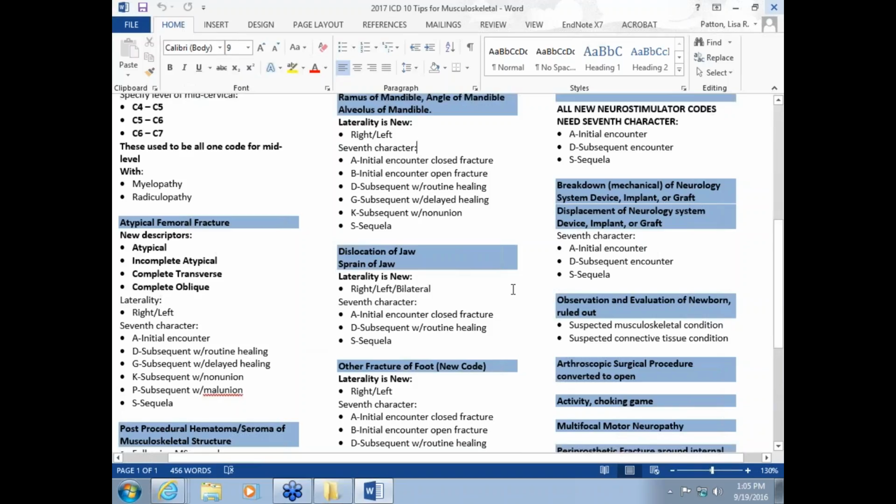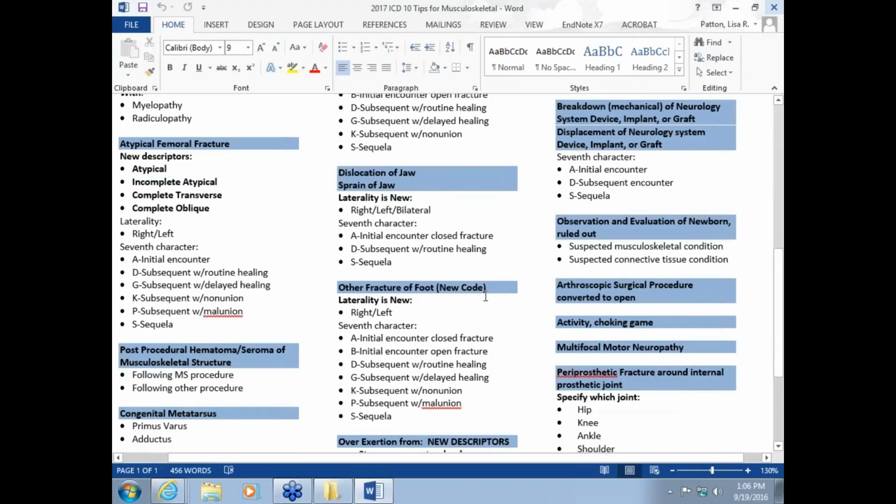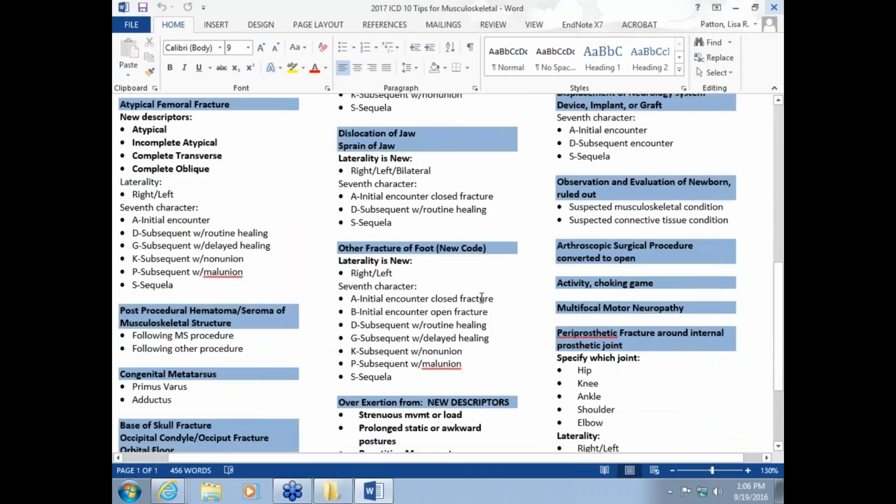The dislocation of the jaw and the sprain of the jaw are also now right, left, and bilateral. That's new. If you can see in the bold, that's put under there what is new. The rest of that is still the same as last year, so you still have to do that. Make sure your doctor knows this. Fractures of the foot have right and left now, and this is a new code.